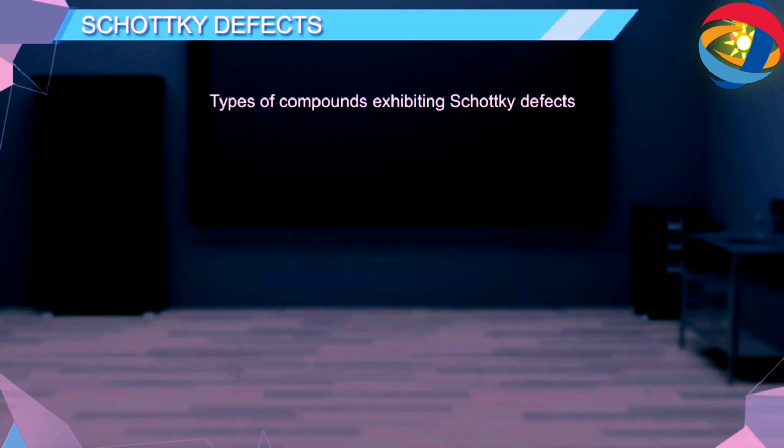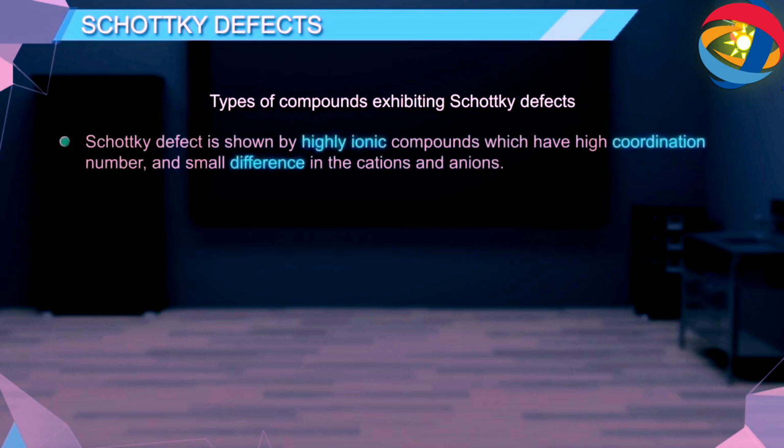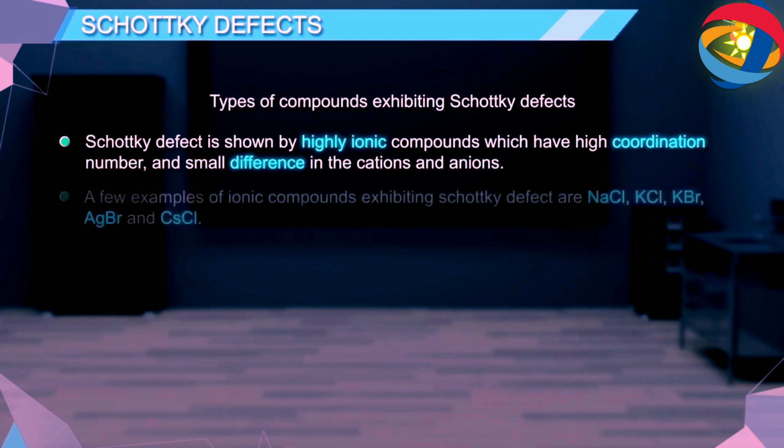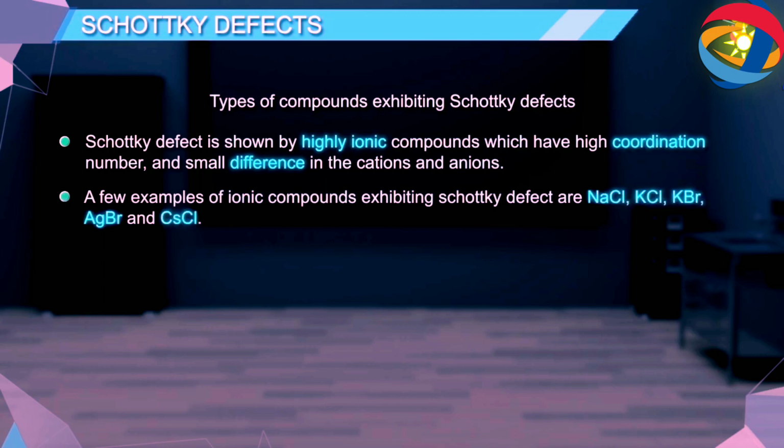Types of compounds exhibiting Schottky defects. Schottky defect is shown by highly ionic compounds which have high coordination number and small difference in the sizes of cations and anions. A few examples of ionic compounds exhibiting Schottky defect are NaCl, KCl, KBr, AgBr, and CsCl.